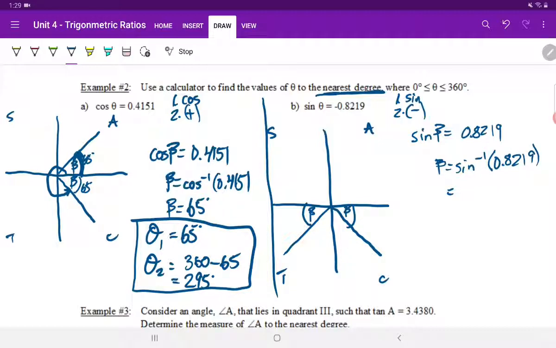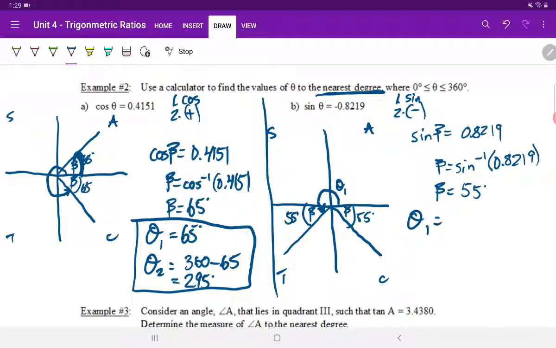Okay, and so rounding to the nearest degree, you get beta is 55 degrees. Well, if this is 55 and this is 55, let's start with theta 1. How do we find theta 1?